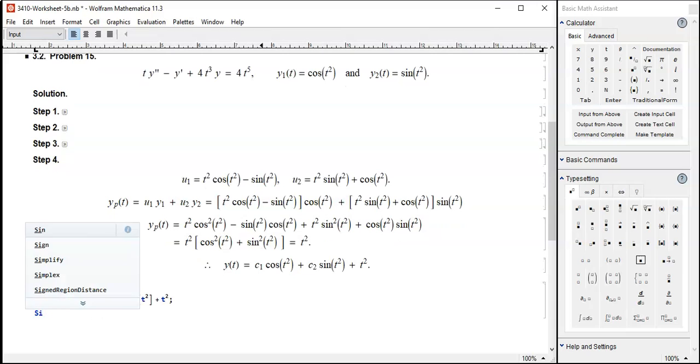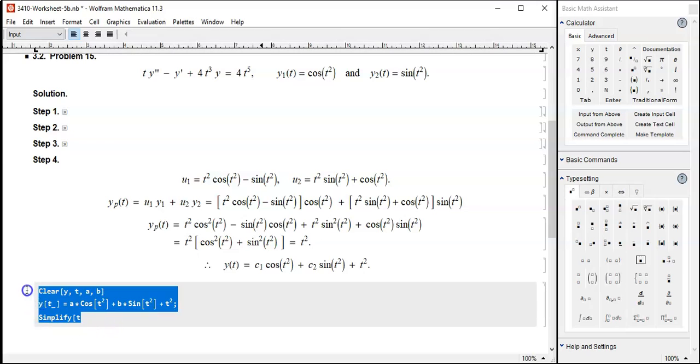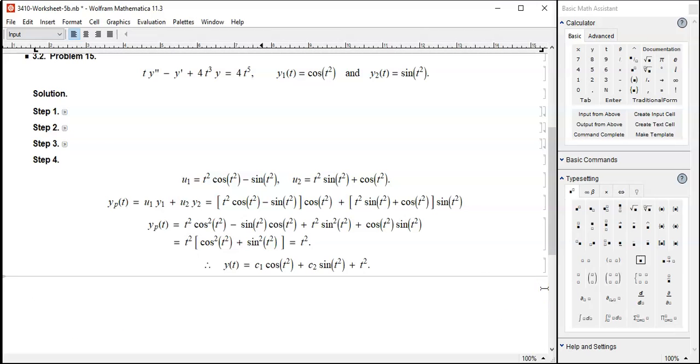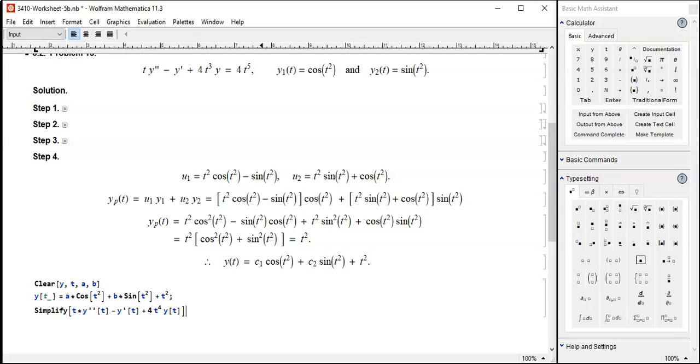And then let's put everything into the left-hand side of the original differential equation. t times y double prime of t minus y prime of t plus 4t cubed y. Let's do it again. Let's simplify. Am I going to get 4t to the 5th power?